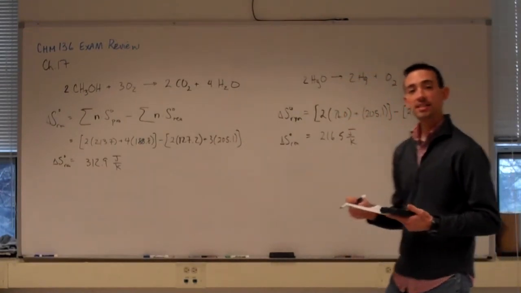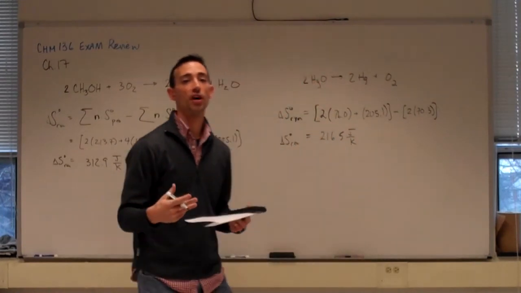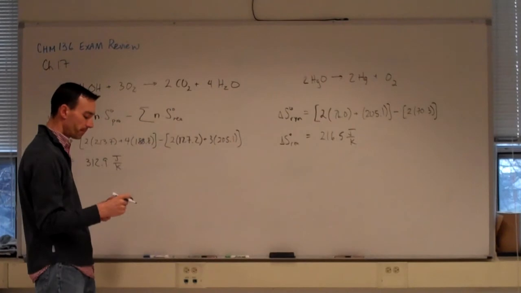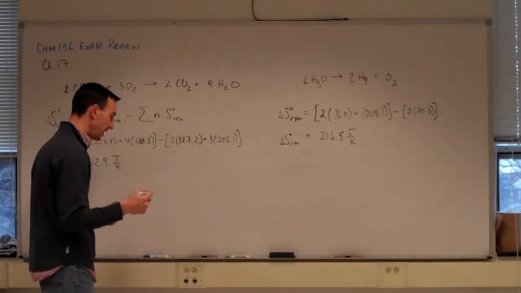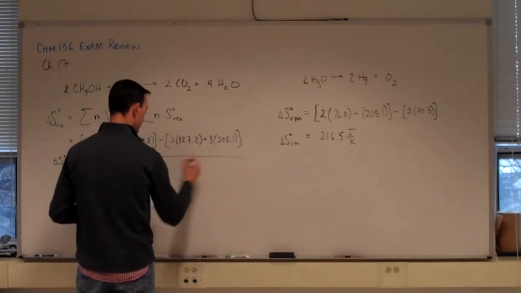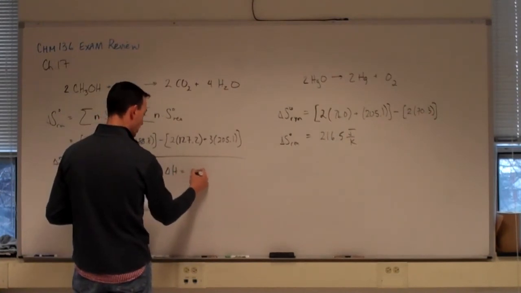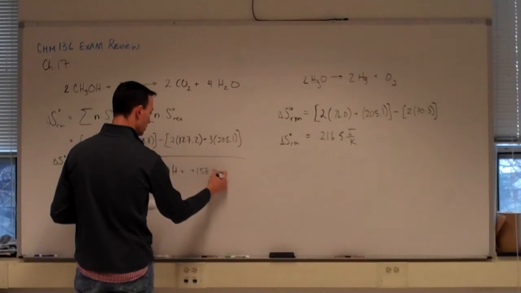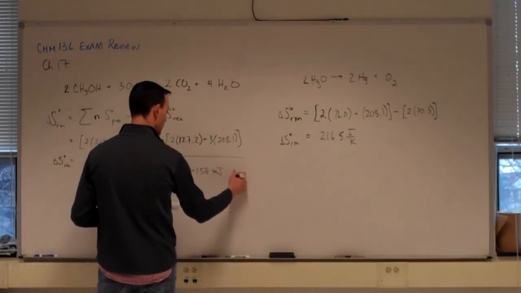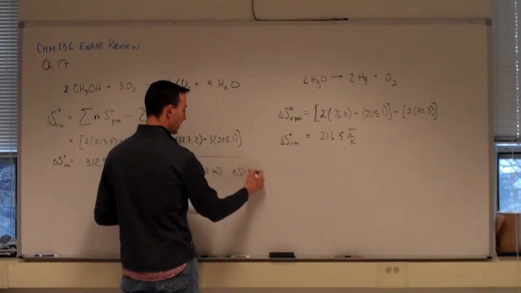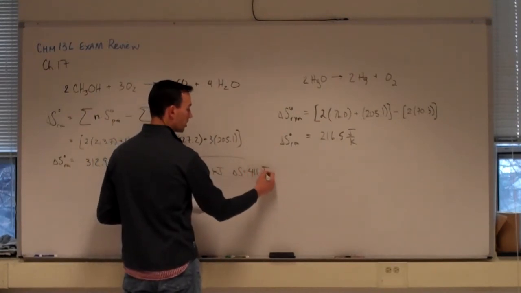Next question asks about the changing nature of a chemical reaction. The question is, at what temperatures will a reaction be spontaneous if its delta H equals a positive 158 kilojoules, and if its delta S equals a positive 411 joules per Kelvin.